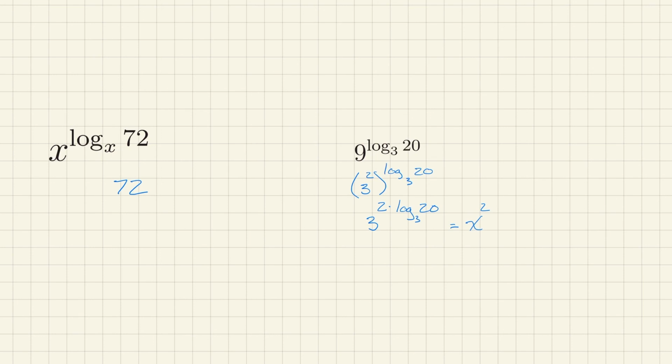If this were another variable, let's say n, then n would have to be there as well, okay? So with that, we know that x is the argument. The argument is 20. So we're going to have 20 raised to the second power, which is 400.